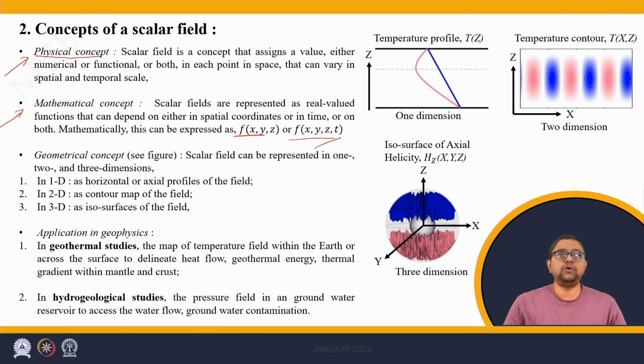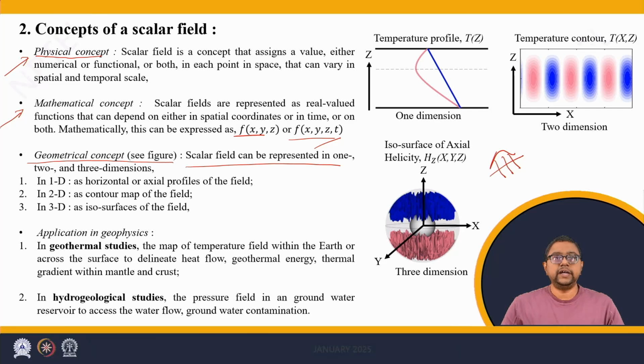Next, we will look into the geometrical concept of a scalar field. This we will combine with the geometrical representation as we had discussed in the previous lecture. Consider the figures shown adjacently. The scalar field can be represented in either 1, 2 or 3 dimensions.